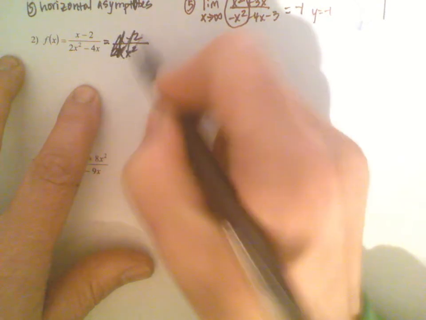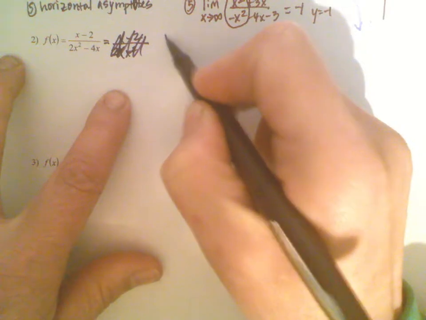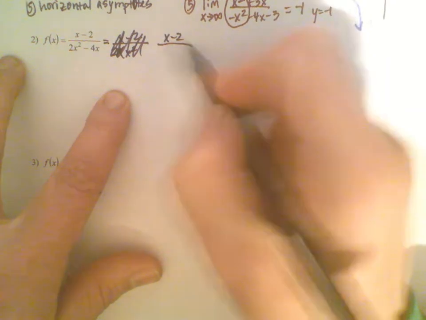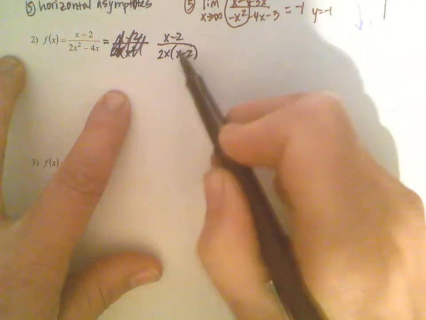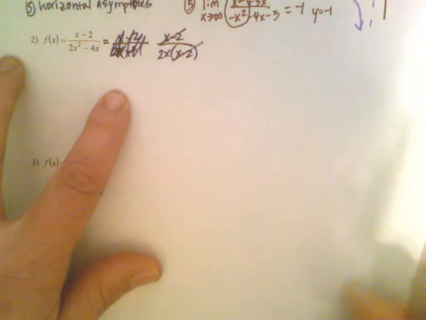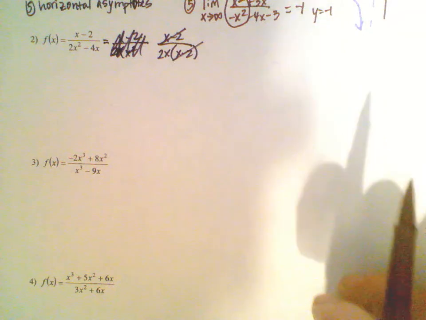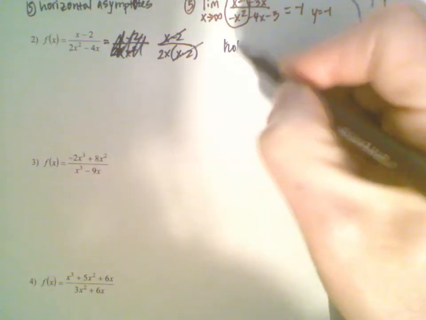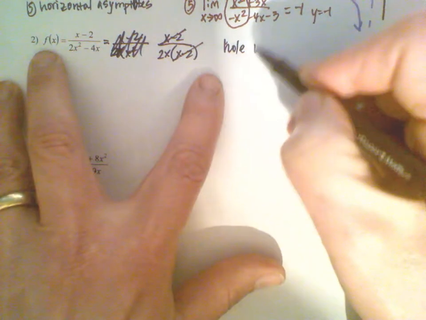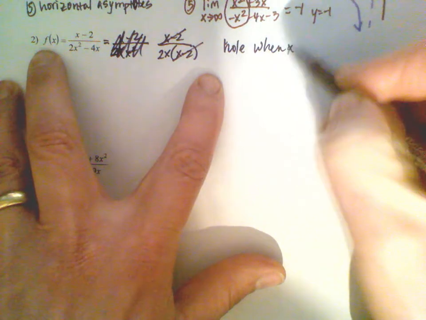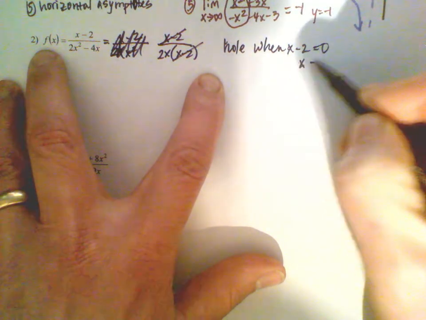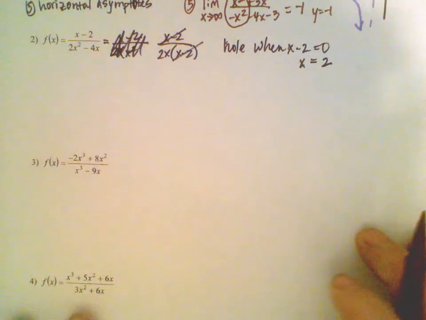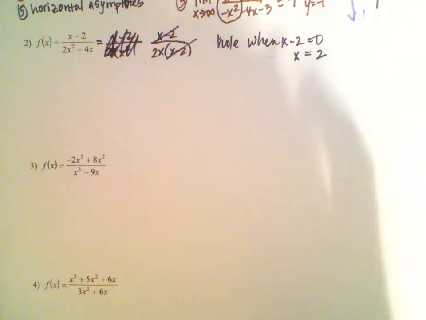Let me redo that. x minus 2 over, I'll take out a 2x times x minus 2, and here we go, that's where my hole is going to end up being. So I say I have a hole when x minus 2 equals 0, and so that's at x equal to 2. Again, I'll revisit that one later on.